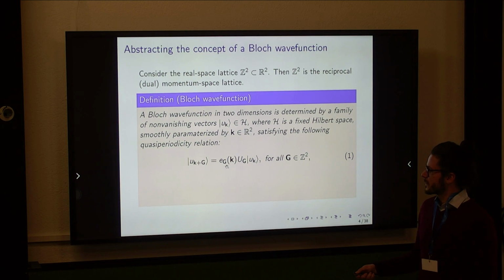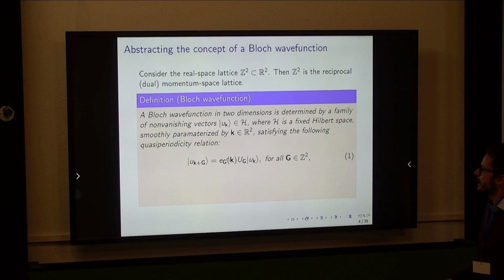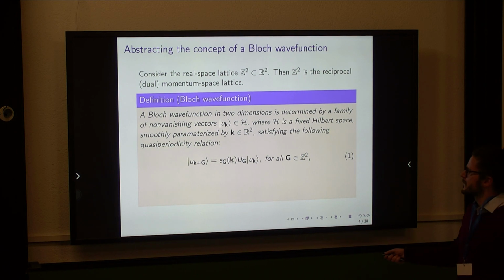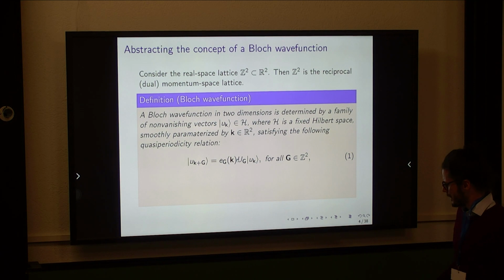The first thing is this quantity here, e_G(k), which is a non-vanishing complex number. And then I have another quantity here, U_G, which is a unitary operator.